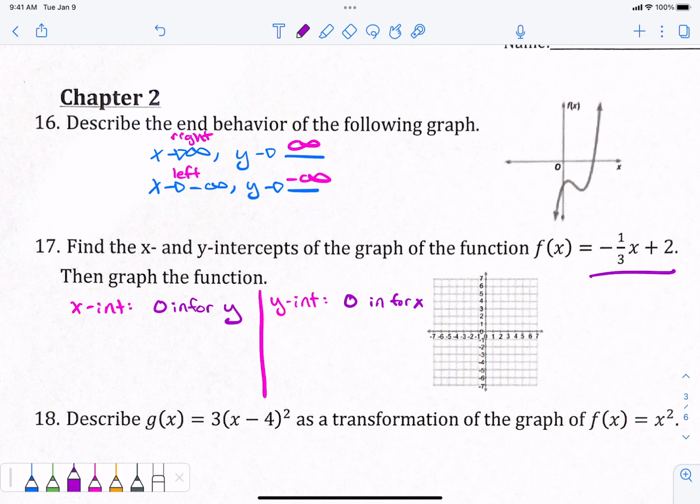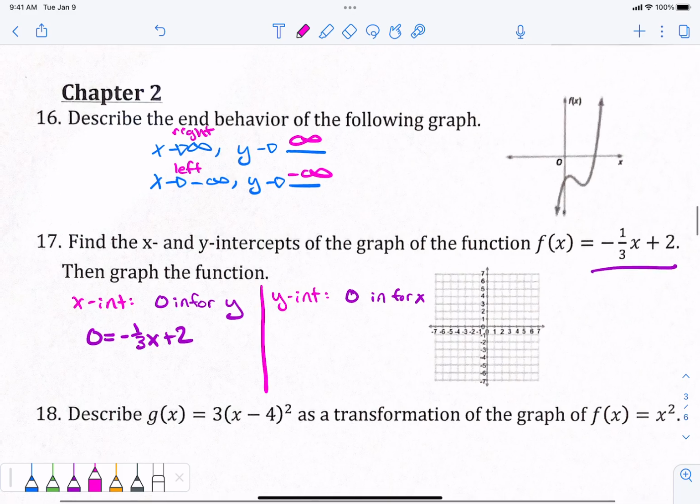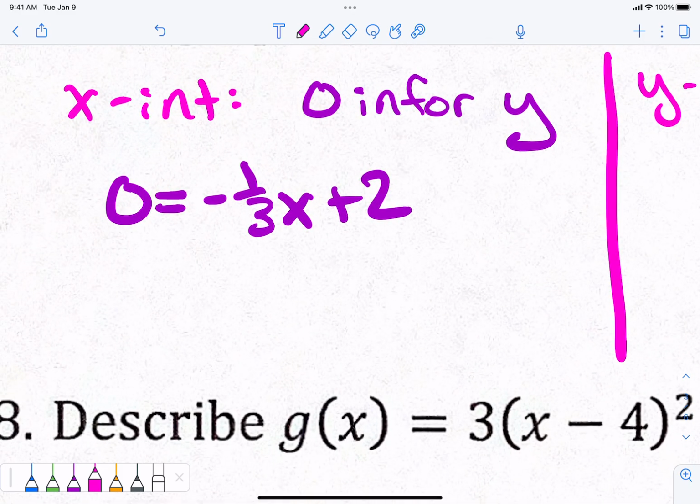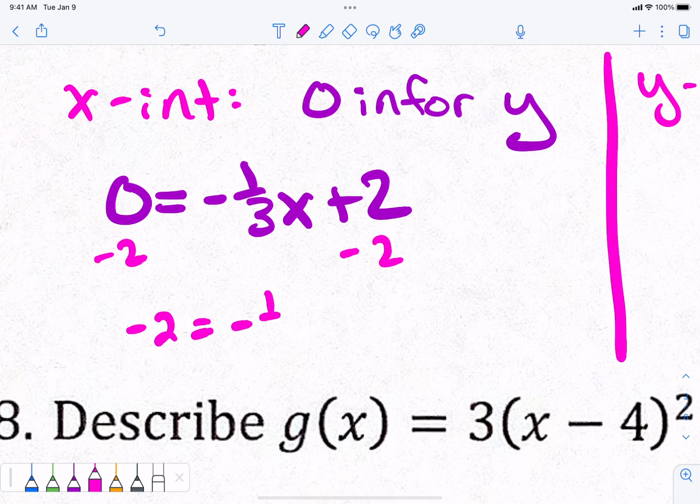So if I plug 0 in for y, I have 0 equals negative 1/3 x plus 2. I have to solve for x. So let's subtract the 2 over. I have negative 2 equals negative 1/3 x.